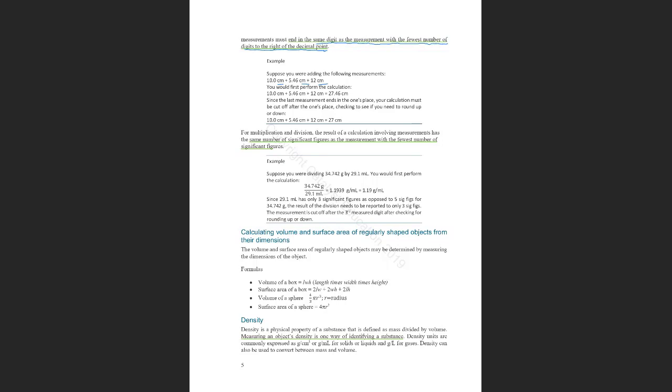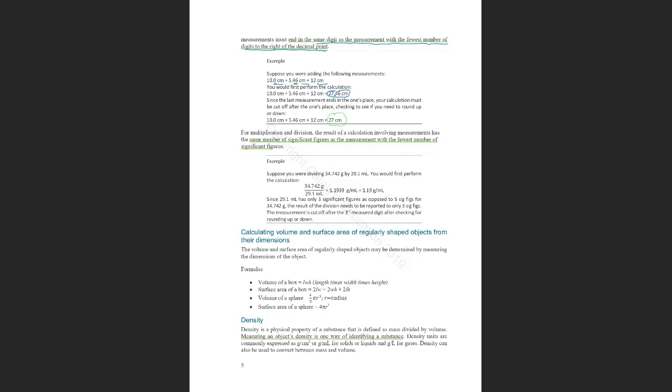Then you use your calculator and the calculator will give you a number, but this is not the correct number because here you have one digit after the decimal. Here you have 2 and here you have 0. So your answer cannot have any digit after the decimal. The correct way of expressing your answer when you do the calculation is 27.